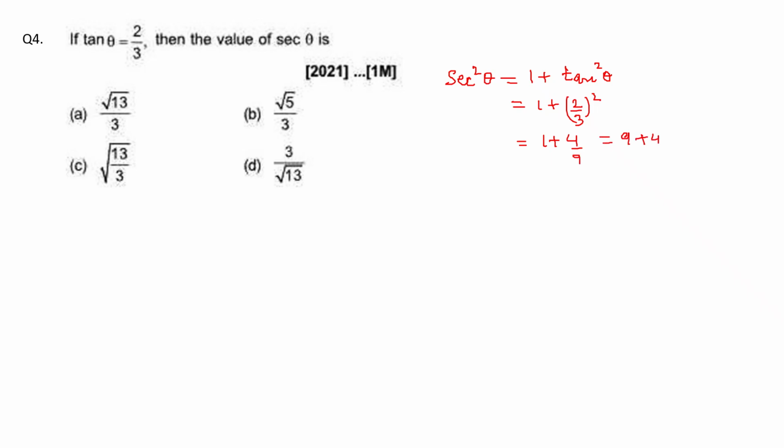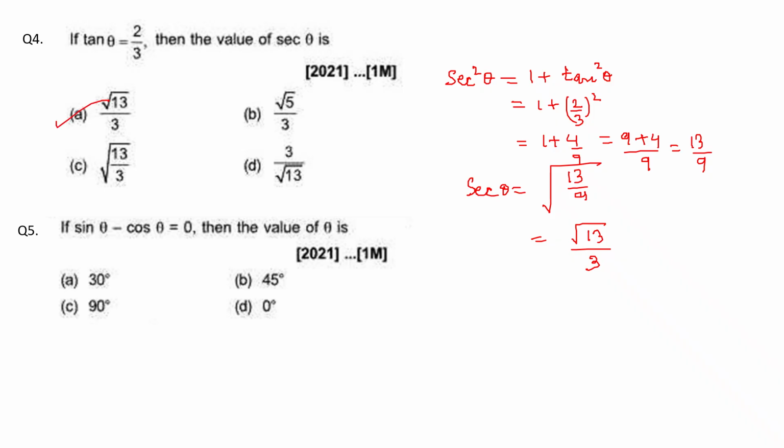So if you have to take LCM as 9, so 9 plus 4, 13 by 9. So sec theta value will be root of 13 by 9. Now root of 9 is 3, so answer will be root of 13 by 3. So A will be the correct option.